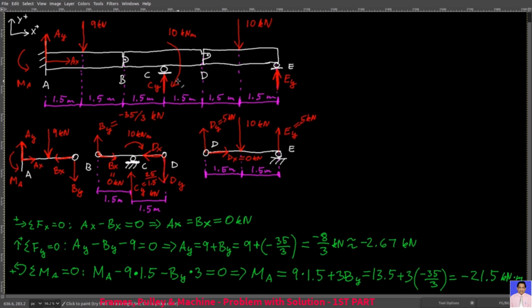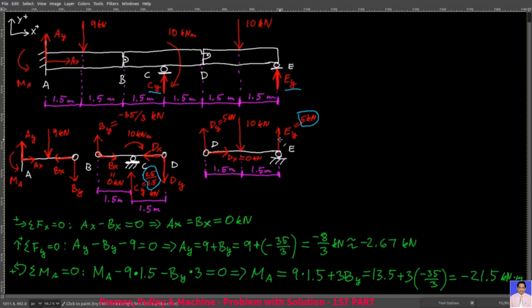Now alternatively, you can get Ax, Ay, and Ma using the general free body diagram for the entire structure. After you find Cy and Ey, and Cy is this one here, and then Ey is this one here.